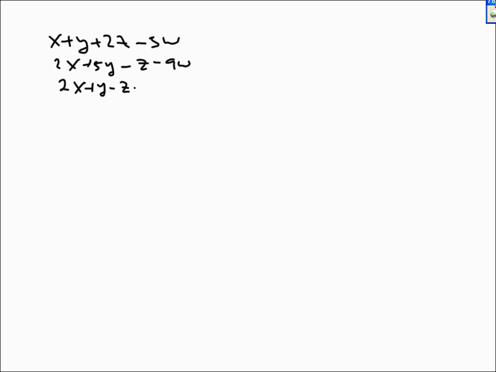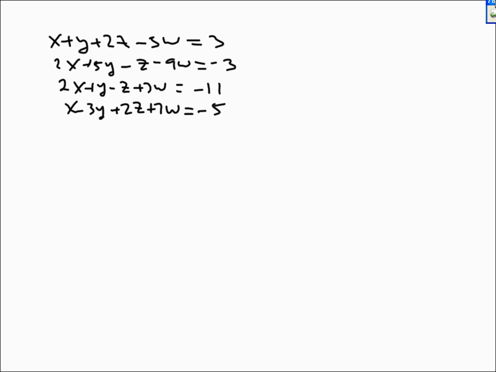the next problem is x plus y plus 2z minus 5w equals 3, 2x plus 5y minus z minus 9w equals negative 3, 2x plus y minus z plus 3w equals negative 11, x minus 3y plus 2z plus 7w equals negative 5.